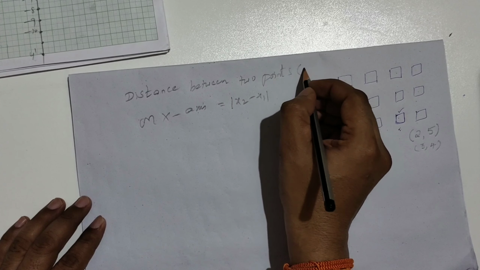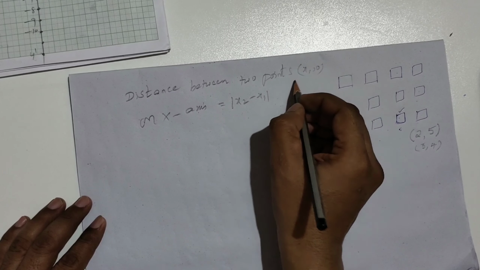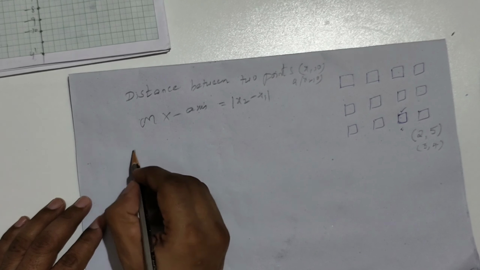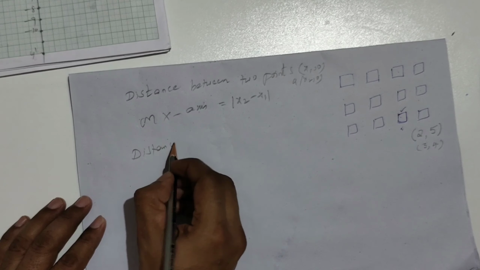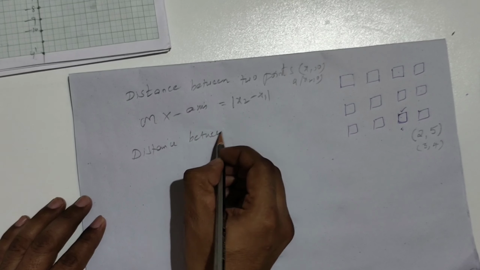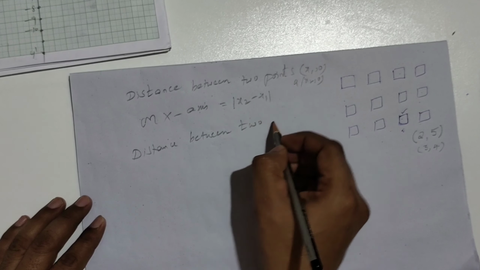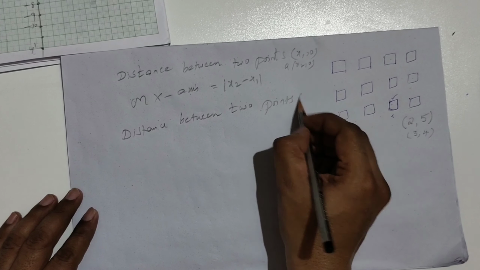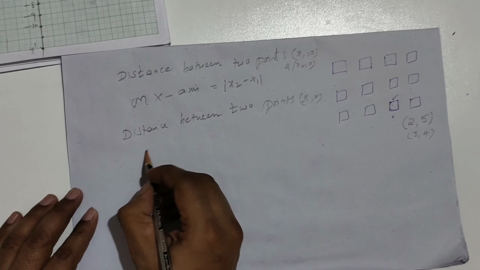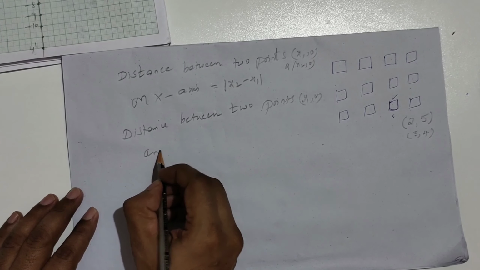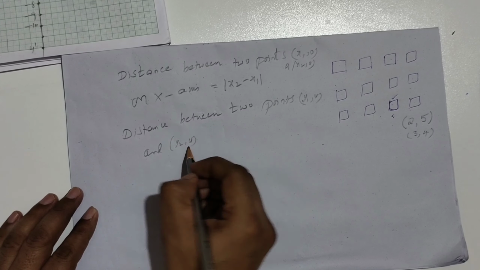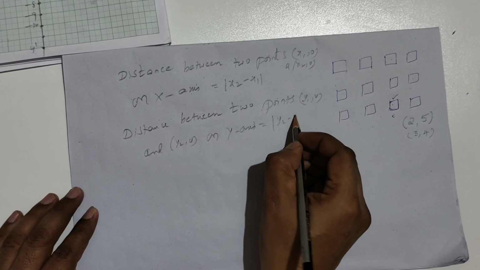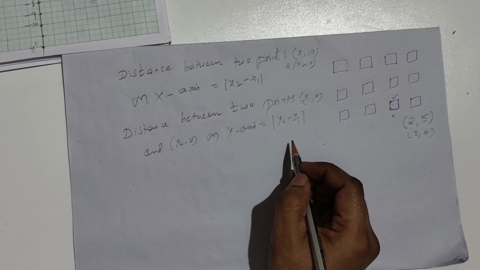The 2 points are what? One is x1, 0 and other is x2, 0. In the same way, the distance between 2 points y1, 0 and y2, 0 on y-axis is simply y2 minus y1.